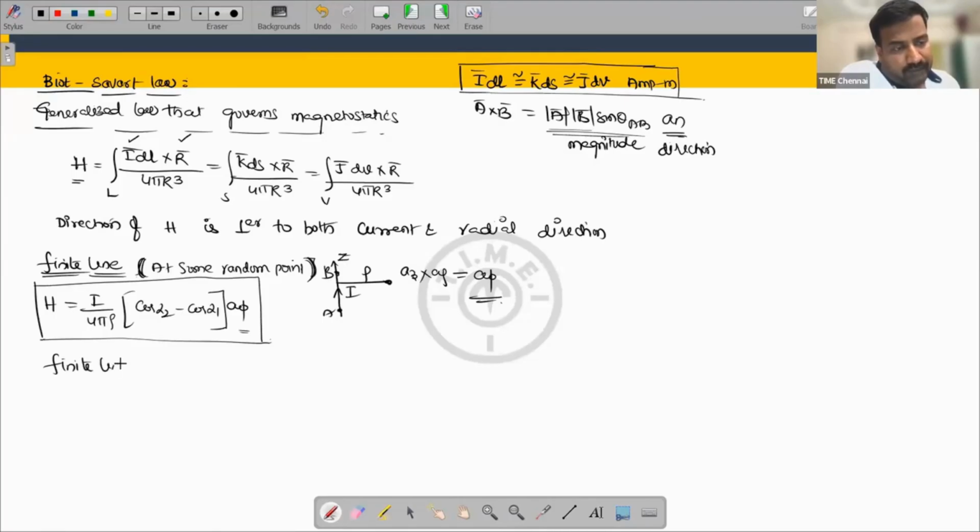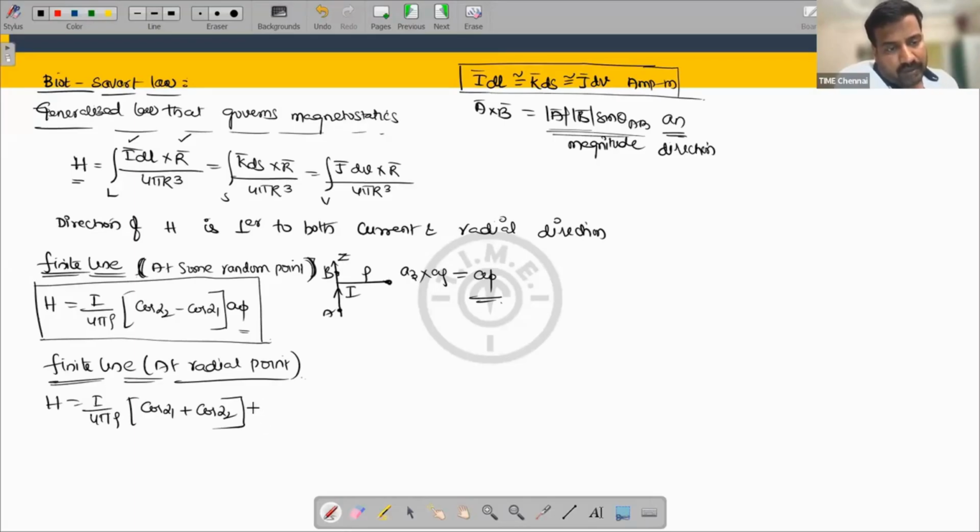Then for a finite line at a radial point, H will be I by 4 pi rho, cos alpha 1 plus cos alpha 2, of A phi. This is for a radial point.